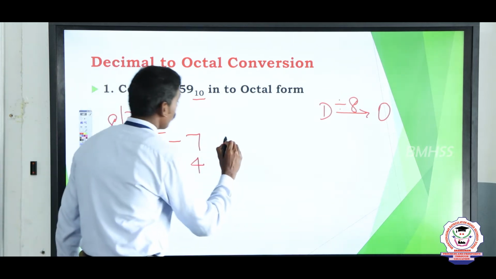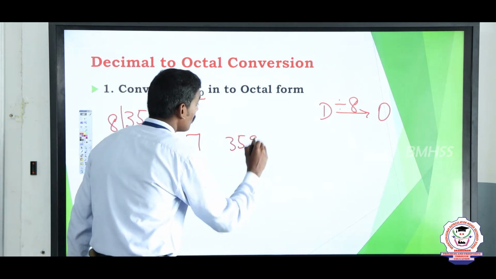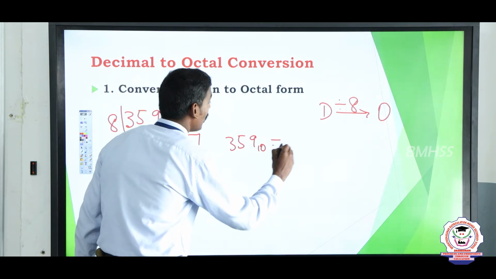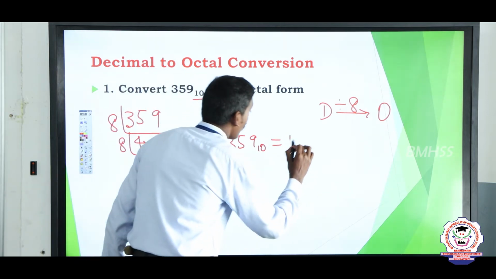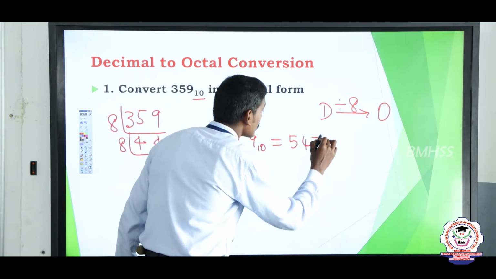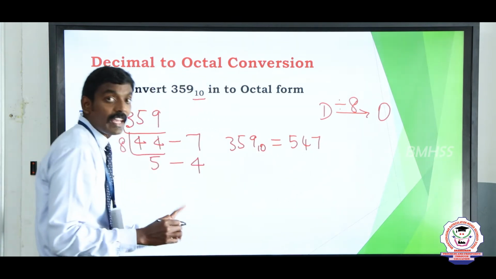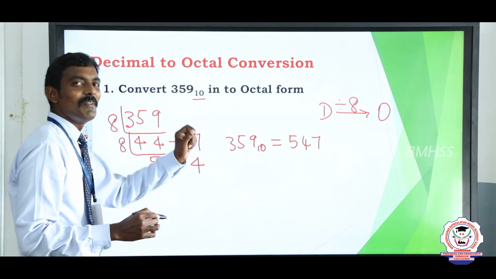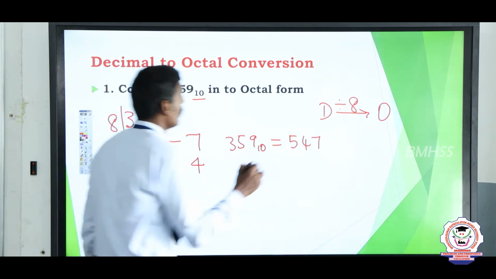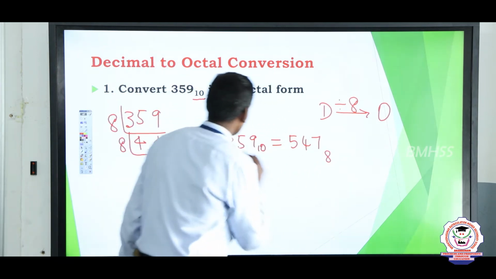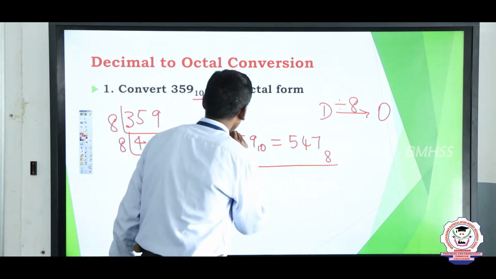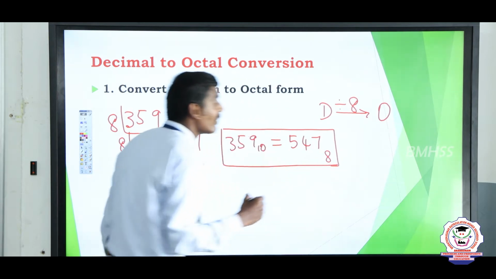Next, 3, 5, 9 base 10 equals 5, 4, 7. You put the base value, that is very important. The base value is what? 8. This is the answer.